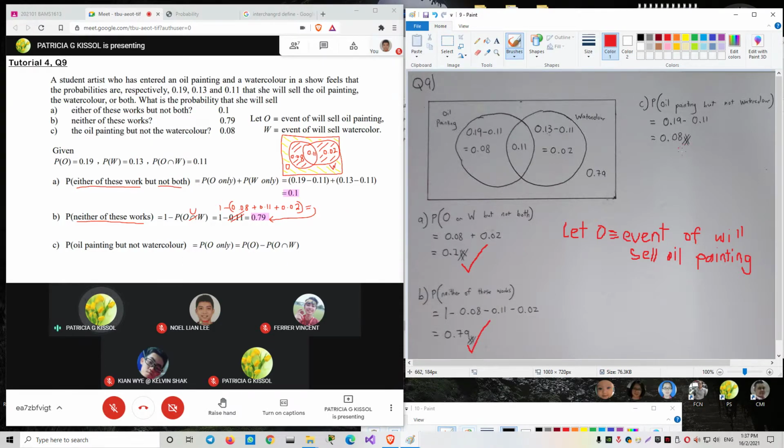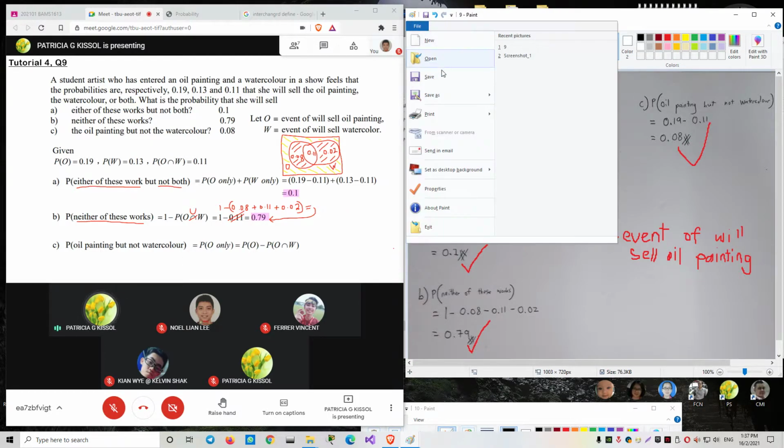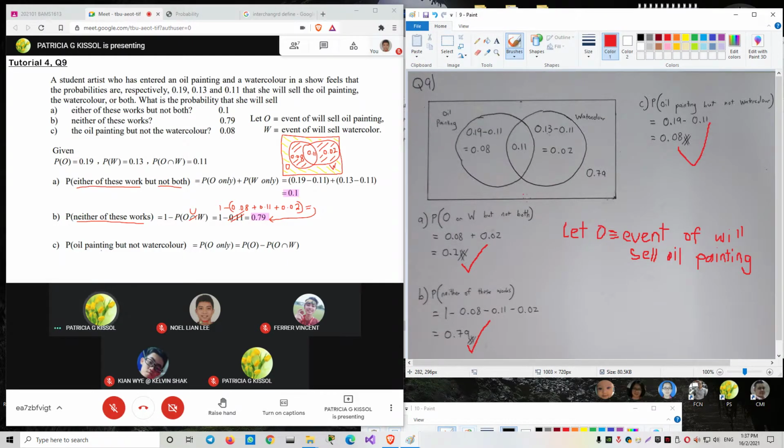But in writing it out, to get the oil painting only, where's my pointer again? So probability of oil painting only, focusing only on the oil, not the watercolor. So probability of oil minus the intersection area here. So 0.08, which is already shown in this diagram.